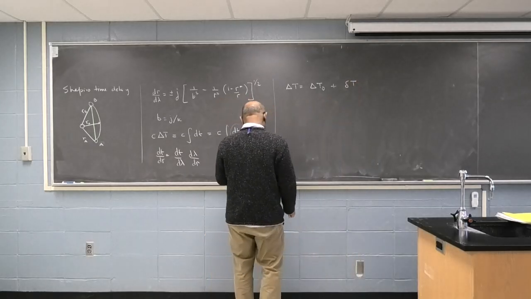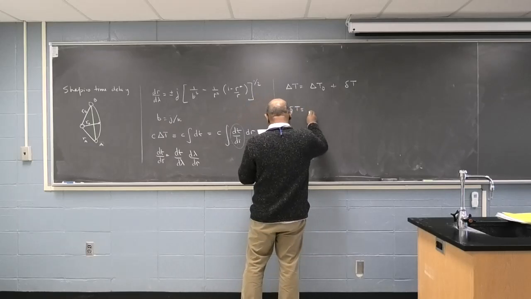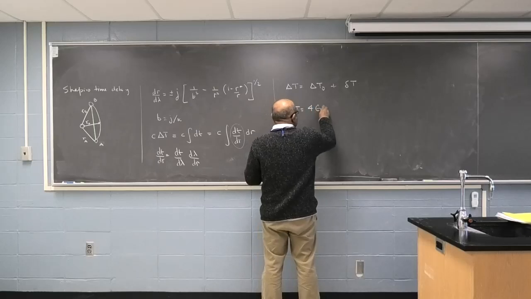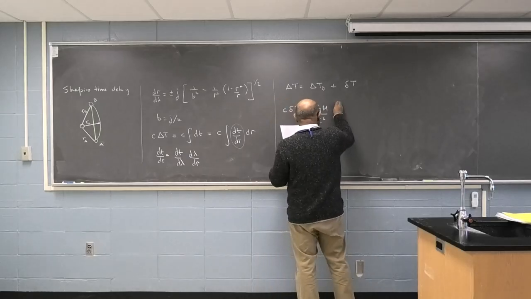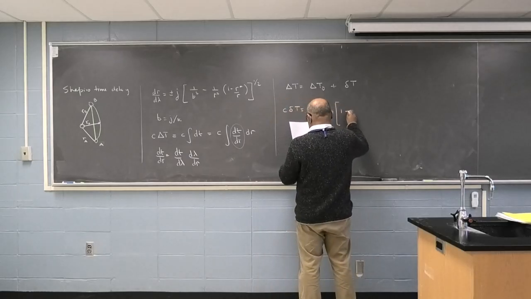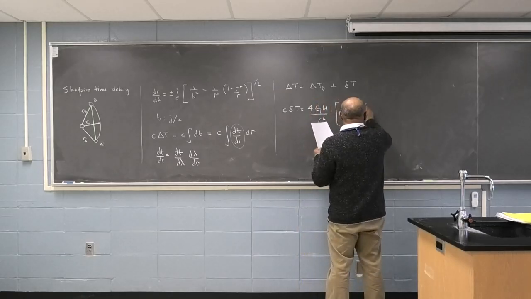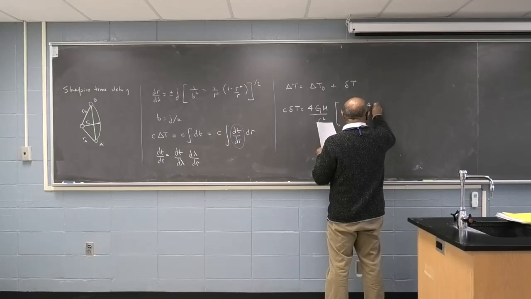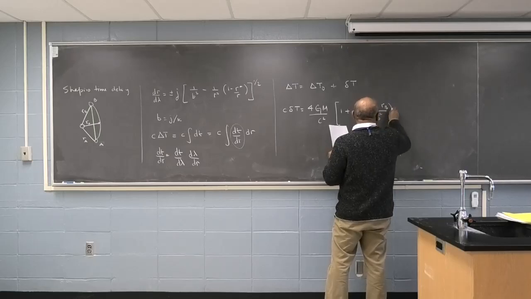And it turns out, c dt, as you will verify in your homework, is proportional to RA RB over R0 squared.